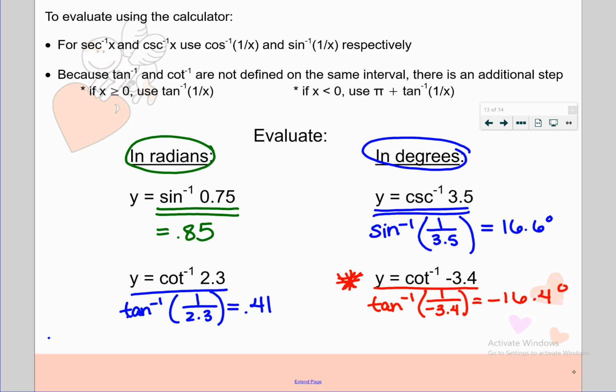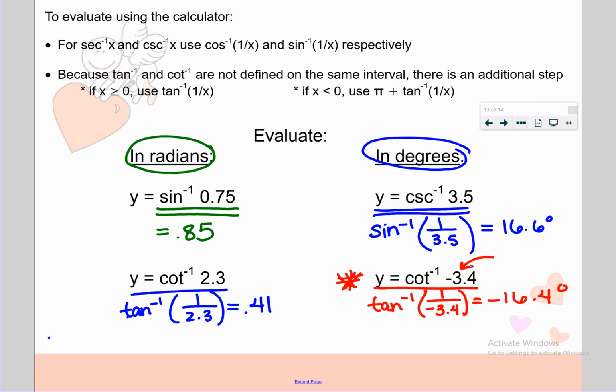Okay, this is the only one that doesn't work perfectly in our calculator. The issue here is a cotangent of a negative number. The last one was cotangent of a positive number. There's no problem with that. If it's a cotangent of a negative number, if you remember where the functions were defined, tangent was defined in quadrants 1 and 4.